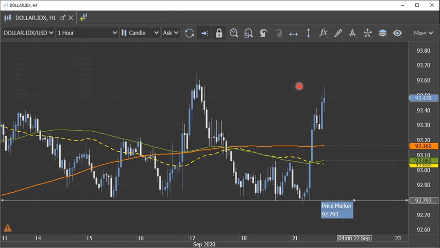Looking at these technicals at play, I feel that this 200 SMA is going to be of crucial importance for the near term movement of the dollar index, and as long as the dollar index is able to hold above this 200 SMA, we can continue to bet on the continuation of the upward momentum in the dollar index.